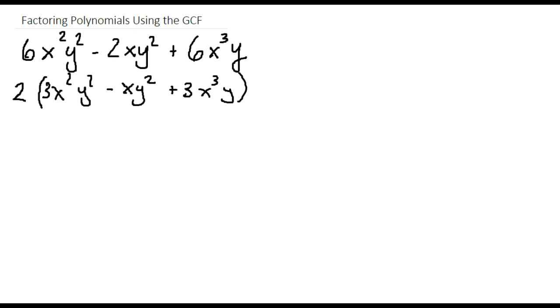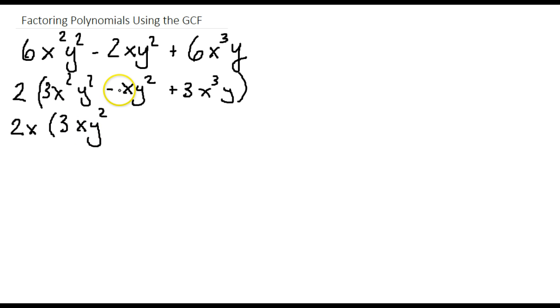Now let's look at our x's. In our first term we have x squared, our second term we have just x, and the third term we have x cubed. So the greatest common factor to each of these terms is just an x. So we can pull one x out of each of these terms. So outside of parentheses, we now have 2x open 3xy squared, because we started with an x squared and we can only pull one out, so that's why I have just an x.